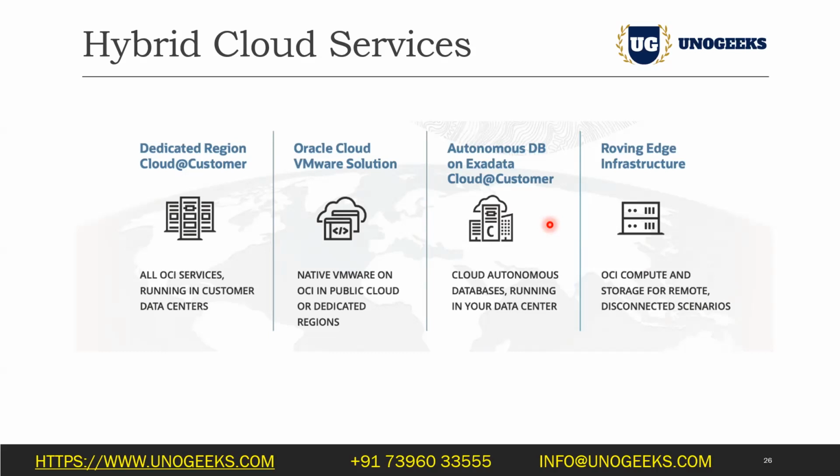Not to your on-prem database, but using this Cloud at Customer service, you can build your autonomous database on Exadata infrastructure running in your data center. So you can create your Exadata machines in collaboration with OCI, and you can build your on-prem, which is called Cloud at Customer, in your data center itself. All the infrastructure is taken care of by OCI in this scenario.